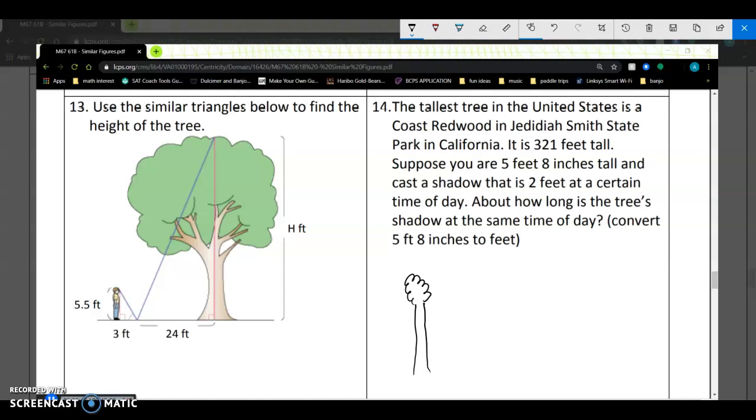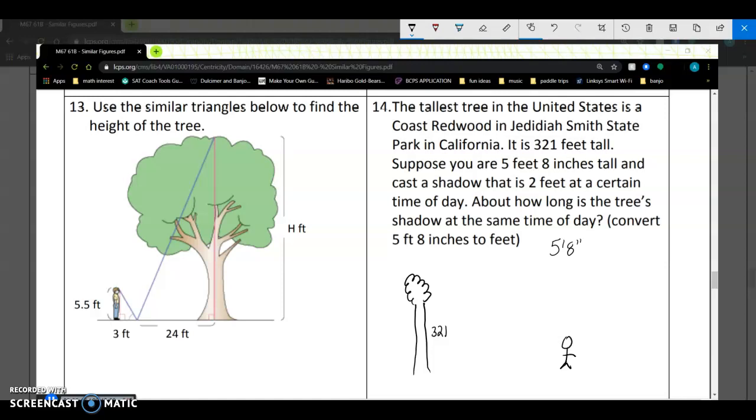Boom, tree. Now we know this tree is 321 feet tall. Now I'm going to leave out the units for right now. And suppose you, and I'm going to draw a little picture of me right here, right? And it says that I am 5'8".